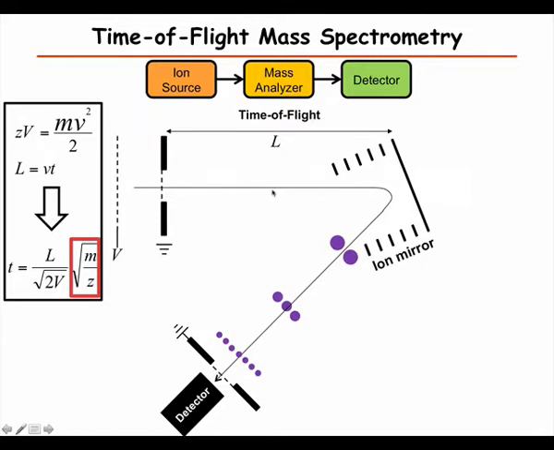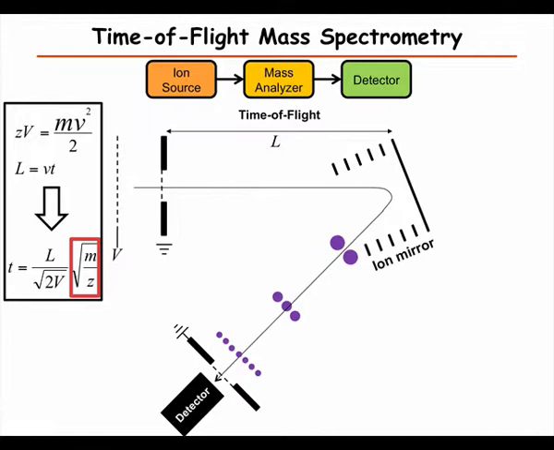So what happens if two peptides have the same mass but slightly different velocities? The one with a little higher velocity will penetrate a little further into the mirror than the slower one. If one sets things up the right way, one will be able to focus the particles and get much thinner peaks, and therefore a better determination of the time of flight.